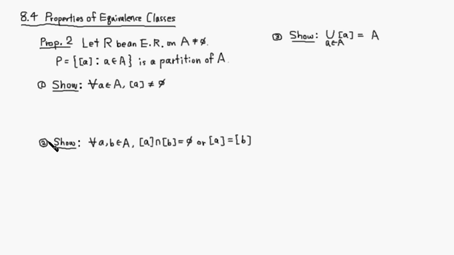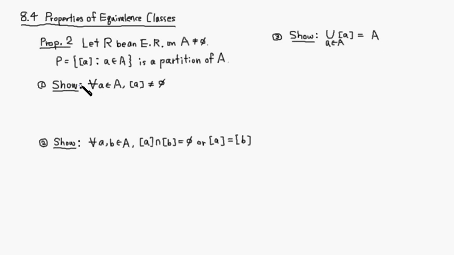That was the second condition. And the third condition is that if you take the union of all these together, it's going to add up exactly to set A. So let's prove that.